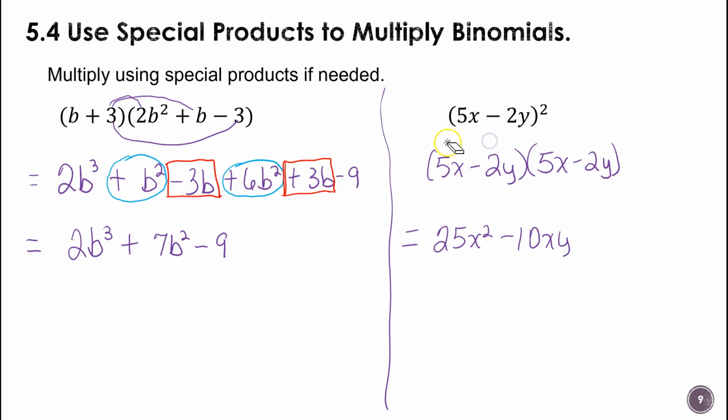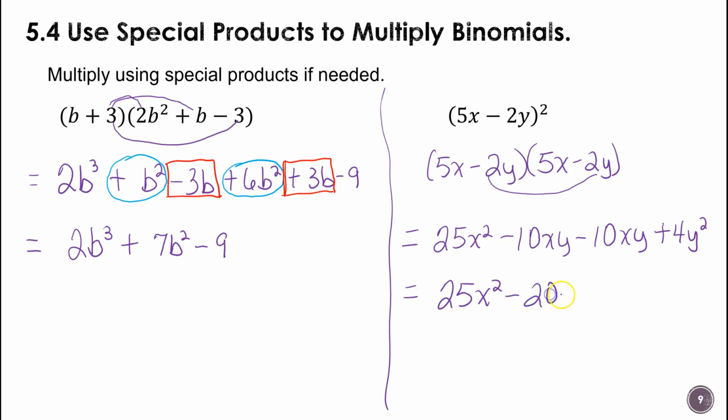And then we'll distribute negative 2y, so that's going to be negative 10xy. And last, negative 2y times negative 2y is positive 4y squared. All right, so 25x squared minus 20xy, that's the two of them, you always get two the same, and then plus 4y squared.